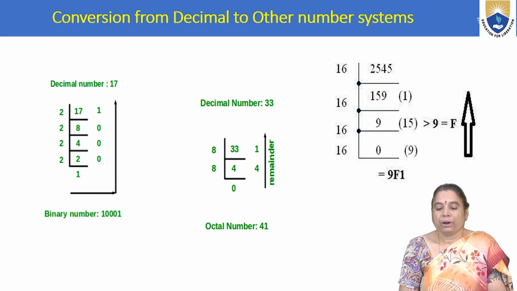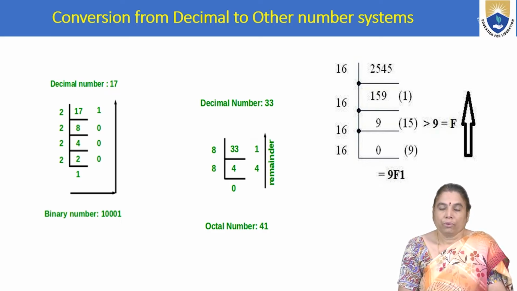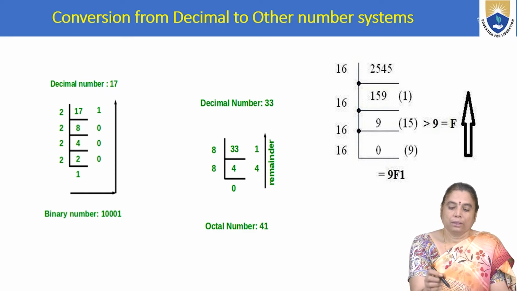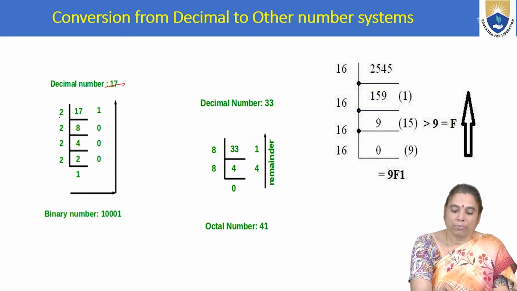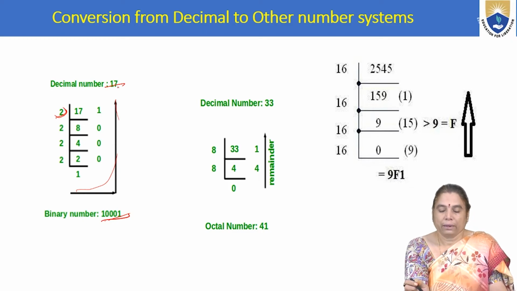Now how to convert from decimal to other number systems. If you take decimal to binary conversion, the number can be divided by the base value of the binary number system, 2, and the remainders can be written in bottom to top fashion to give the binary equivalent of the specified decimal number.